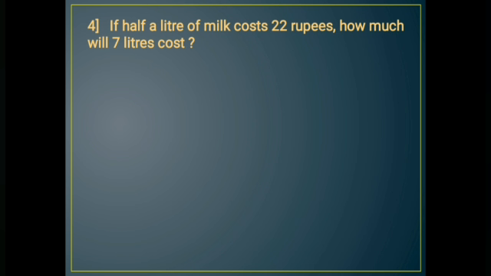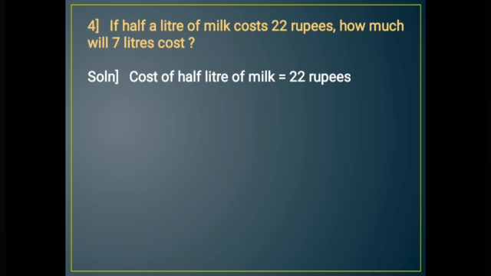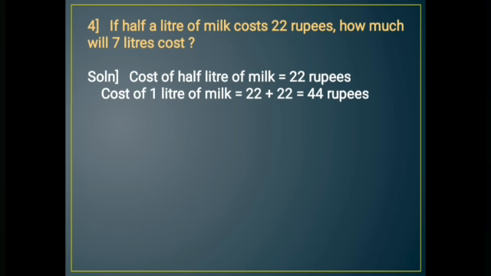Question number 4. If a half liter of milk costs 22 rupees, how much will 7 liters cost? So half liter cost is given. We have to find the cost of 7 liters of milk. So cost of half liter of milk is 22 rupees. So cost of 1 liter will be 22 plus 22, that is 44 rupees. So cost of 7 liters of milk will be 44 into 7.